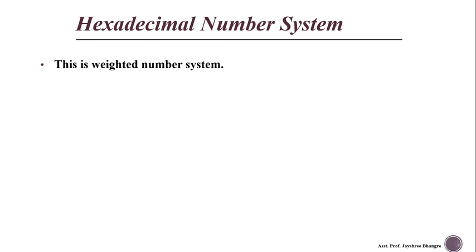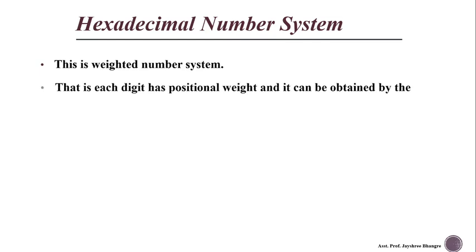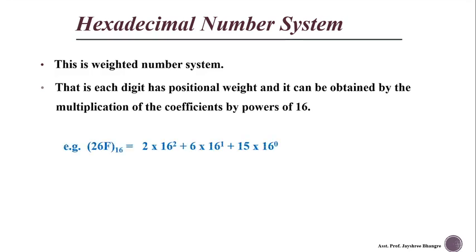Again, this is a weighted number system where each digit has its positional weight. Here is the example: 26F. The value of this F is nothing but 15. So we are multiplying this coefficient with 16 raised to 0, and we get 15.